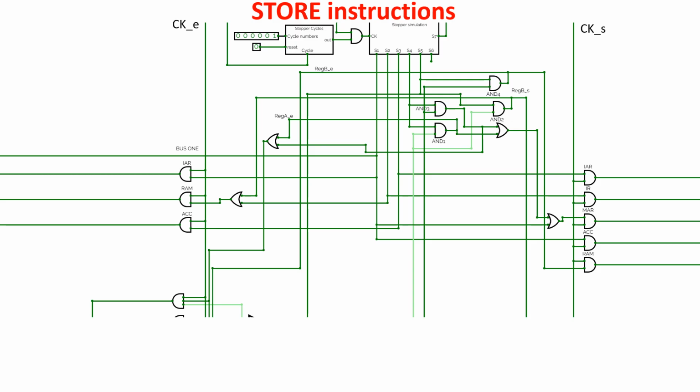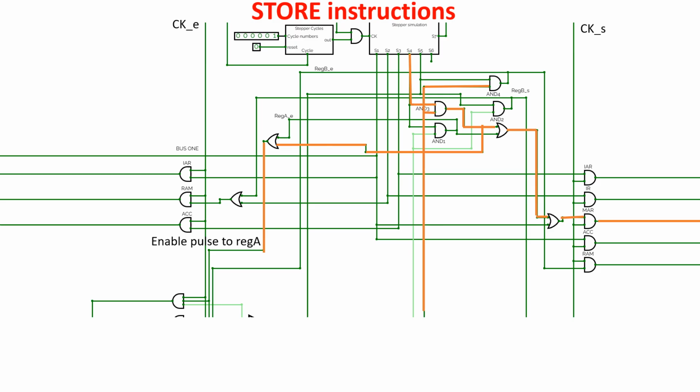Now, let's see the store instruction and how to give the right sequence of set and enable pulses to move the data from a register to the RAM. We imagine the store instruction is already in the instruction register, so it has been decoded, creating the store signal. When the fourth step arrives, we give an enable pulse to register A to put the address of the RAM cell on the bus and a set pulse to MAR to acquire it in the memory address register.